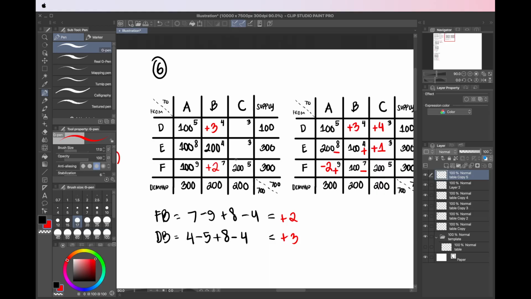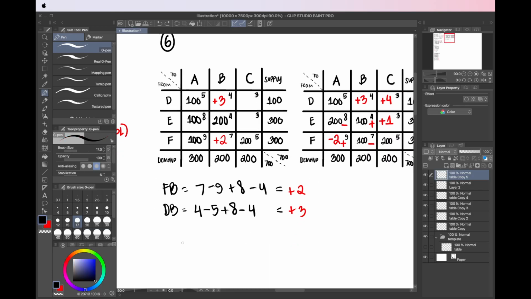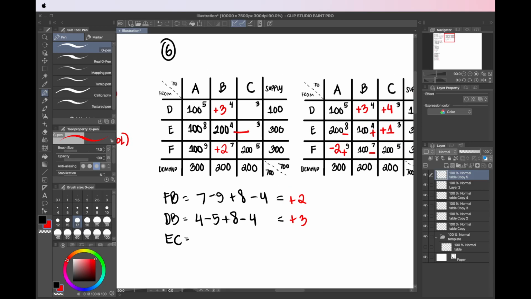The next would be, let's say, EC. So remember, we have to choose the shortest path, right? Although we can go here, that's not the best path. We can go directly here, 8, and then 9. And remember, since this is empty, skip the stone.